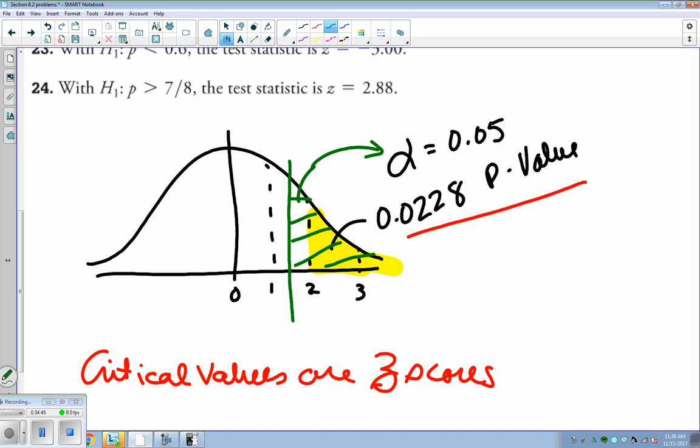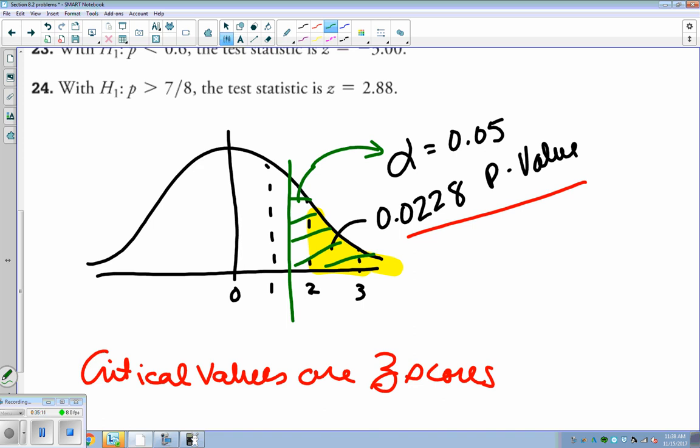How am I going to find that? I have a question. If alpha is 0.05, so wouldn't it be less than 1? But this is a one-tailed test to be greater than. So it's alpha being 0.05 on this side. If it was a less than, it would be alpha of 0.05 on this side. Okay?